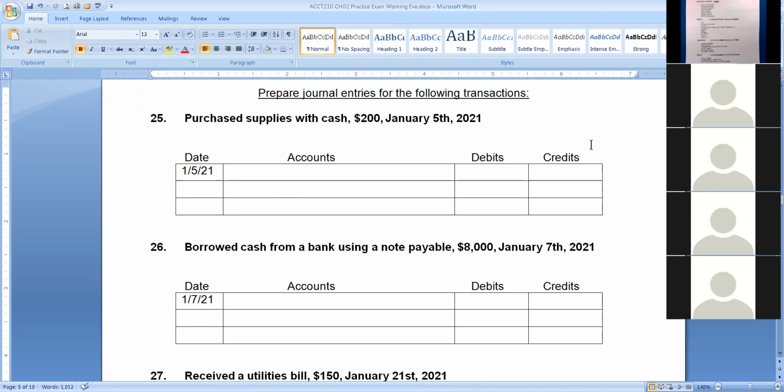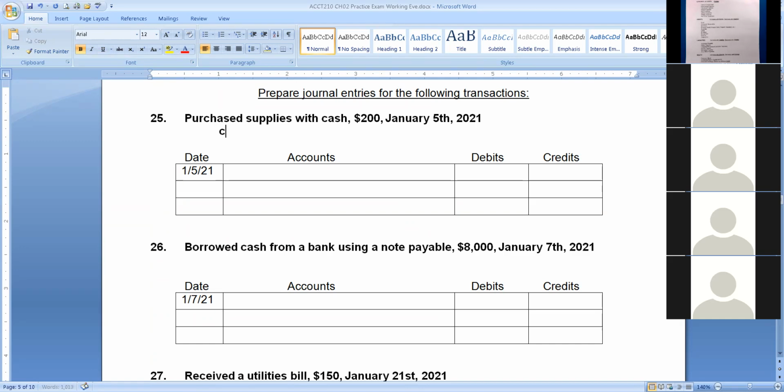You can jump right into the journal entries if you're feeling comfortable, but I like to put the accounts we're working with up on top here and then go in there. So purchase supplies with cash. So which accounts are we going to use? Cash and supplies. Yep.